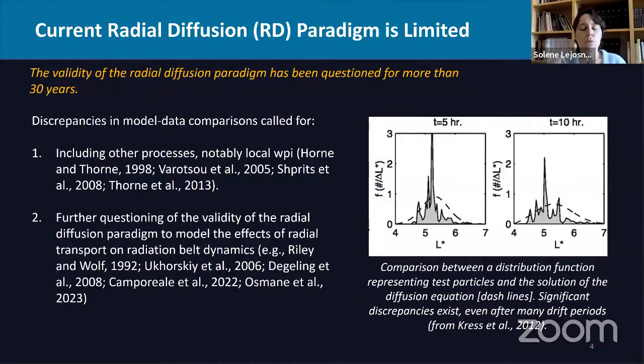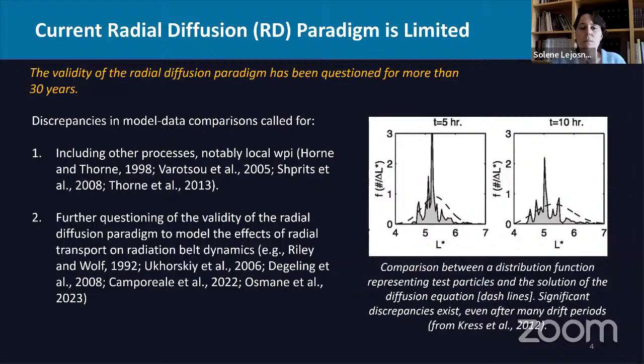And when we introduce this role, well, we can model a growing peak in phase space density. So it was indicative that something else was missing in the physics of the radiation belt. But in parallel, there were also some works that questioned the validity of the radial diffusion paradigm as a tool to model the effects of radial transport on radiation belt dynamics.